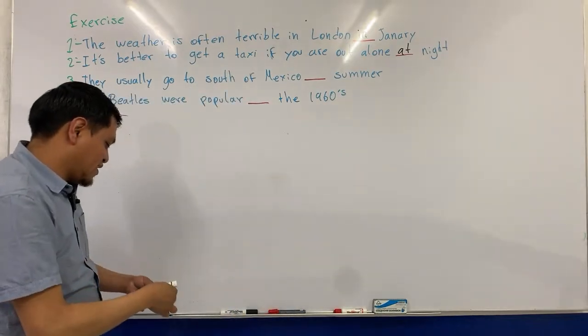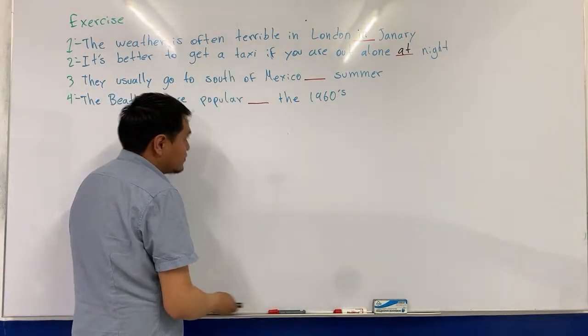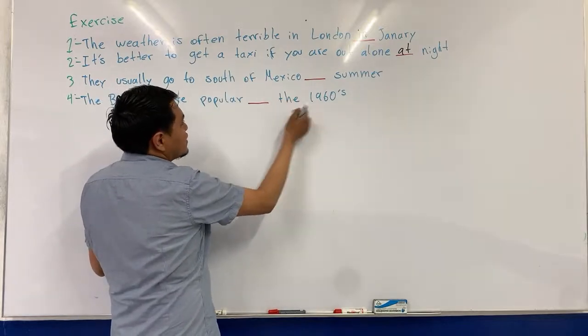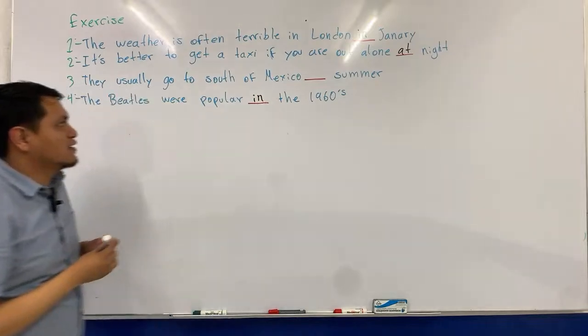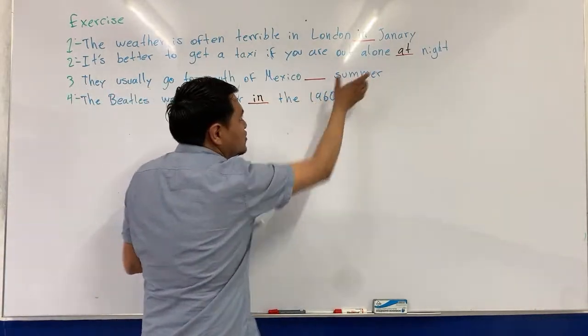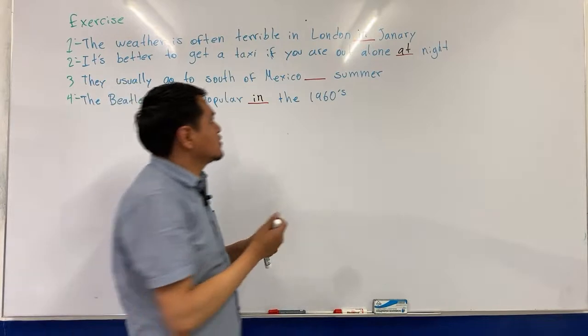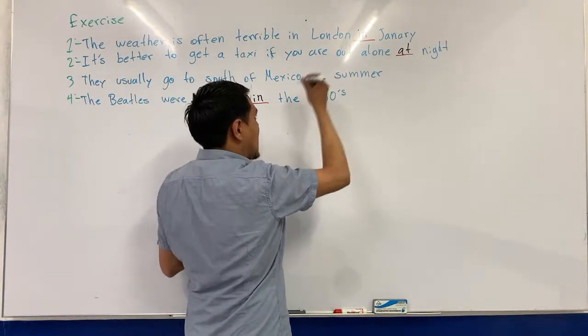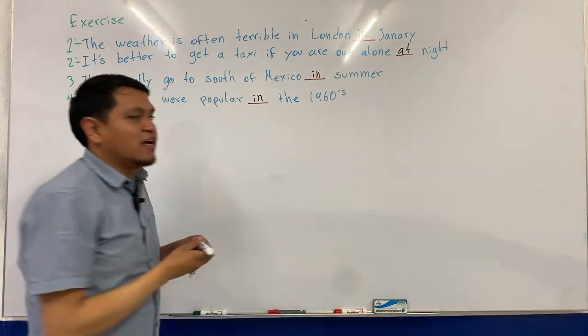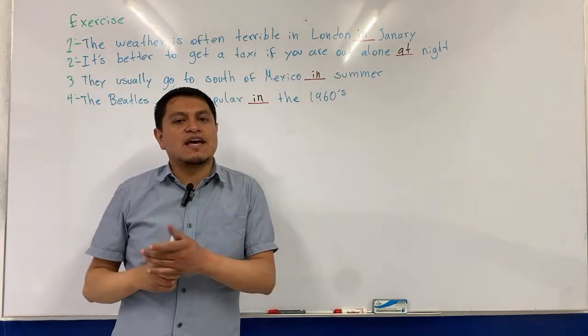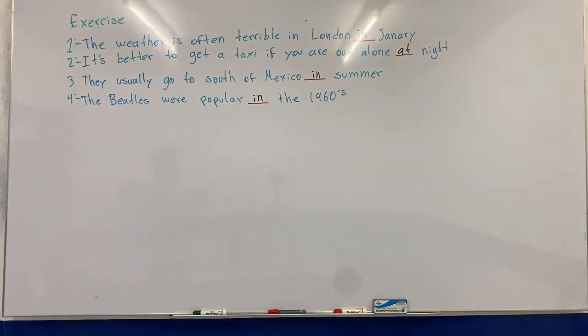Well, I told you. In this case, what word do we use for decades? In, right? And for seasons, what word do we use for seasons? In, on, at, nothing, in, right? The next exercise, please write down in your notebook this exercise.